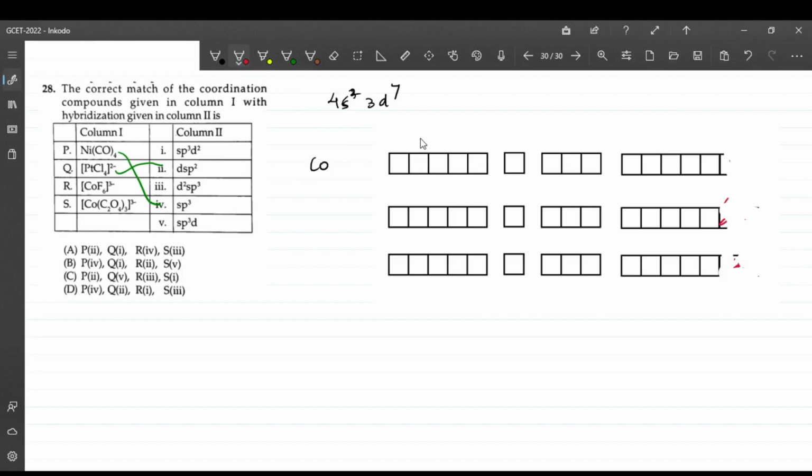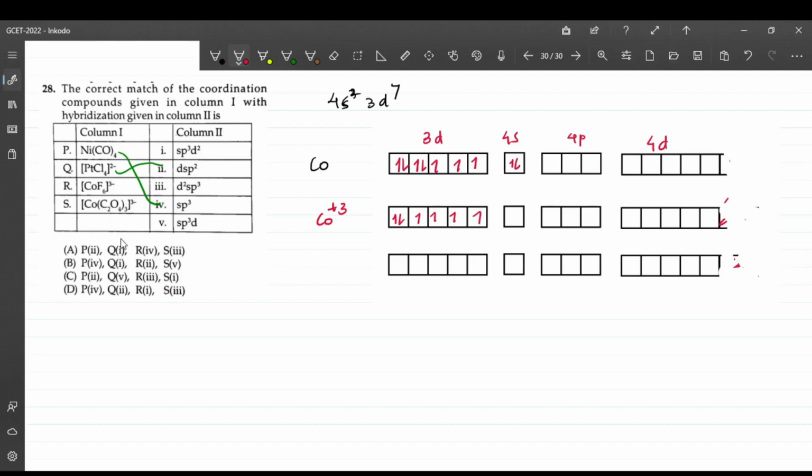In the d orbital there are 7: 1, 2, 3, 4, 5, 6 and 7, right? 4s2, and here there are 2 electrons. Cobalt's oxidation state over here is +3. So we are going to remove a total of 3 electrons, 2 from here and 1 from here, right?